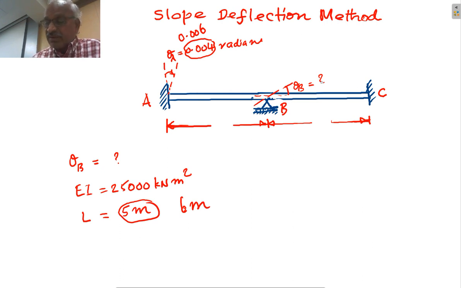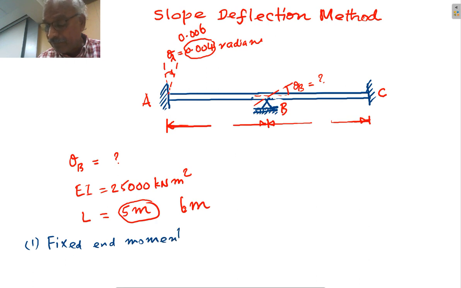Now here we have to start with the fixed end moments. First step, fixed end moments. On spans AB and BC, there are no loads.